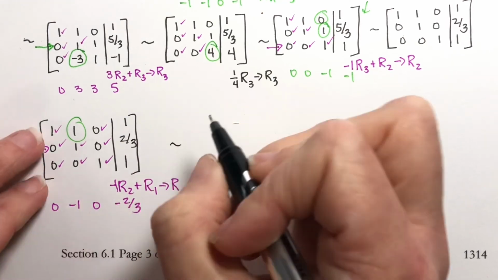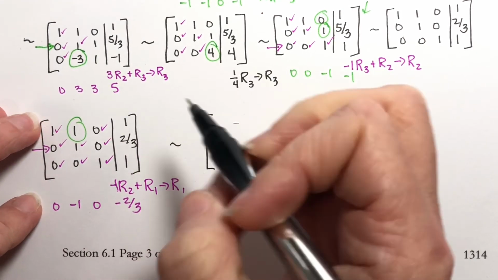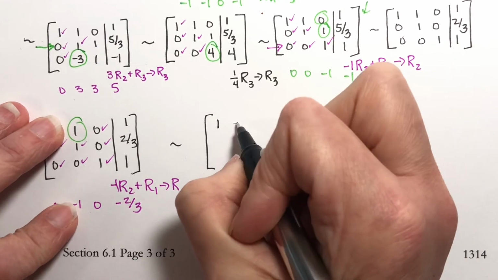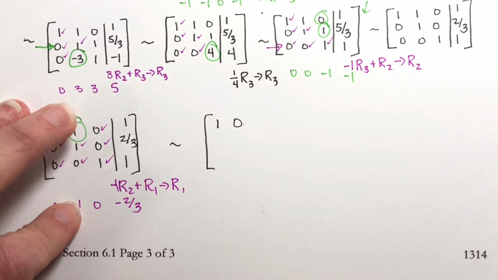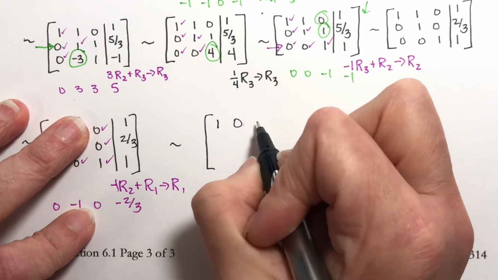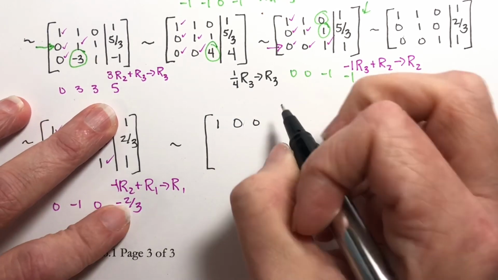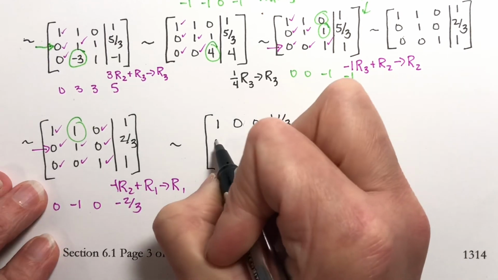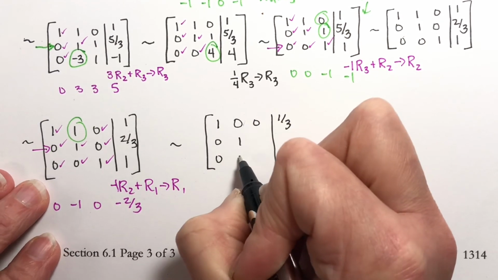Now let's add this to row 1. 1 plus 0 is 1. 1 minus 1 is 0. 0 plus 0 is 0. 1 minus 2/3 is going to be 1/3. And then the others are just copied because they were already precisely what we needed.